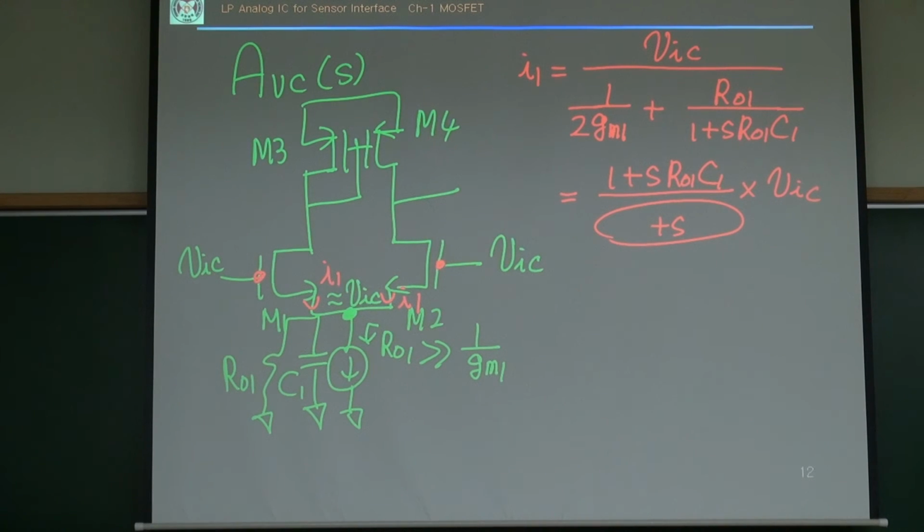Okay. So because this VO is just I1 times, actually this I1, and then this is reduced by this M3 because this I1 is copied there and it cancels that. However, because of that asymmetry, this will be reduced by GM3, RO3, RO1. Yeah, that's my current, and then this is RO. Yeah, that's my VO.